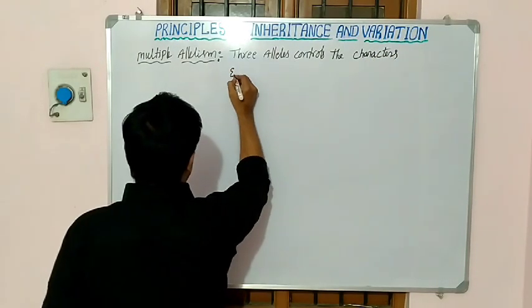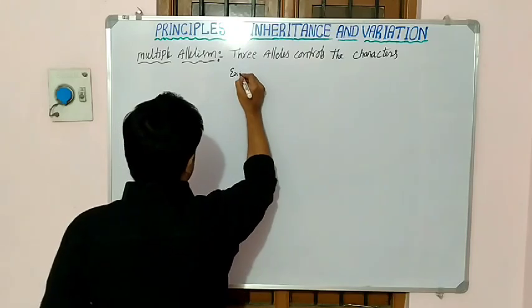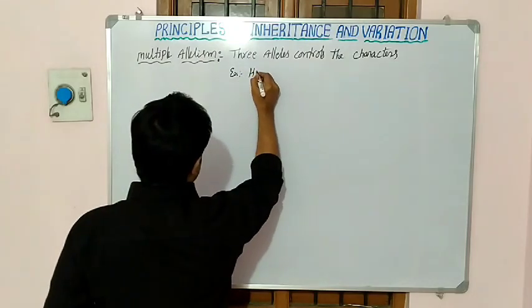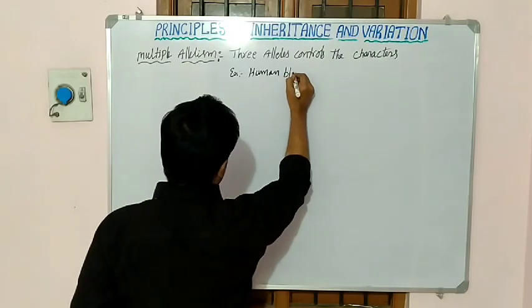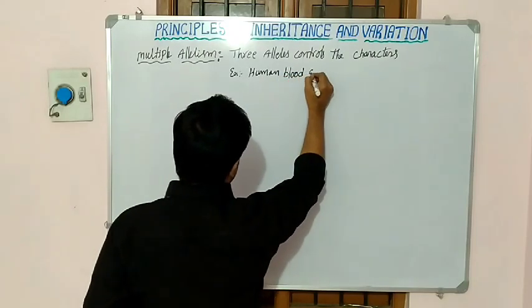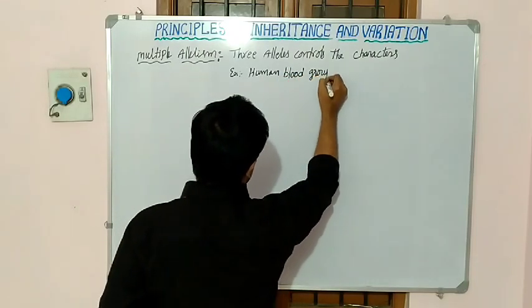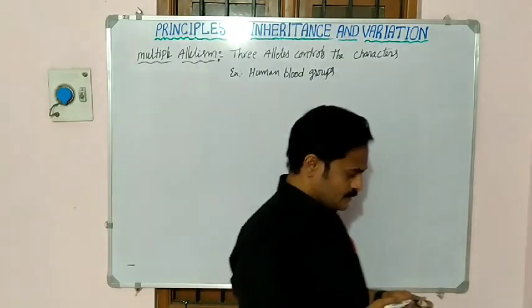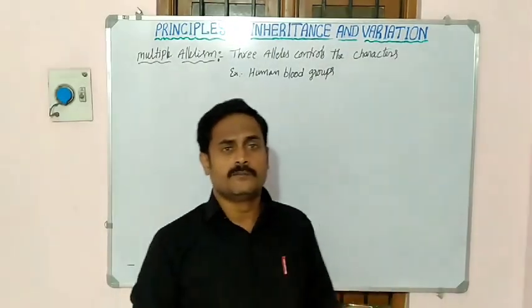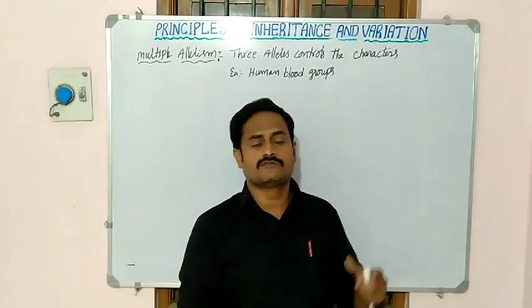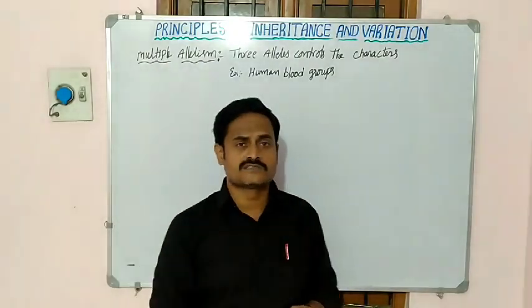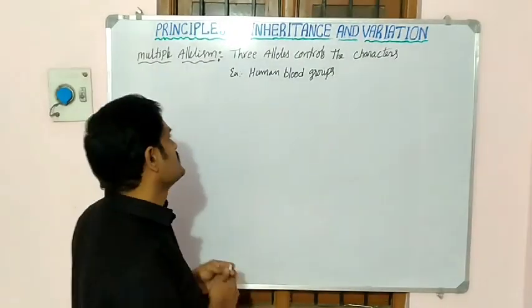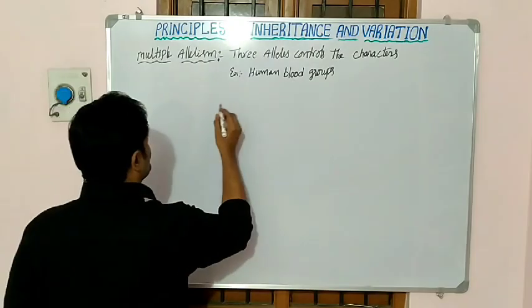For example, human blood groups. In an individual, two alleles control the blood group, and when we go to the population, three alleles control the human blood groups. See how they control.